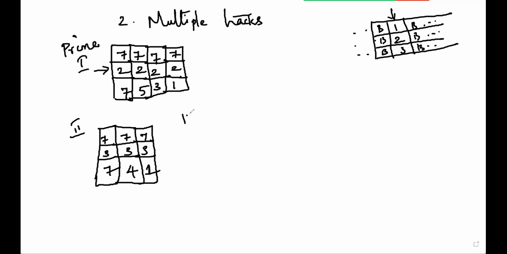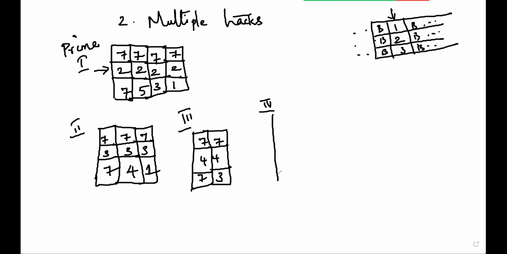So increase your second track value. So 7, 4, 7. 7 minus 4 is 3. 3 minus 4 is minus, no, I can stop.